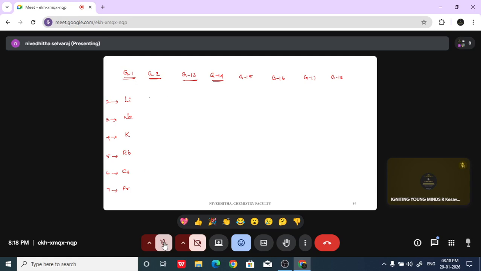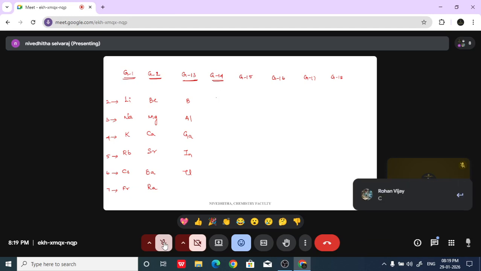So what are all the elements present in the second group? Beryllium, magnesium, calcium, strontium, barium, radium. Group 13 is boron, aluminium, gallium, indium, thallium. At least up to the 6th period we have to know. And as far as group 14 is concerned, at least tell me the first element, which is very easy. The hero of organic chemistry.